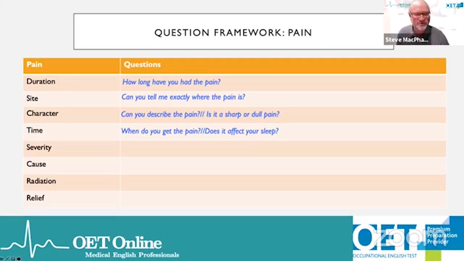Okay, let's continue. Severity. And I'll give you the first words here. On a scale, I'll give you the beginning. On a scale of 0 to 10 or 1 to 10, on a scale of 0 to 10, can you complete that sentence, everyone? On a scale of 0 to 10.